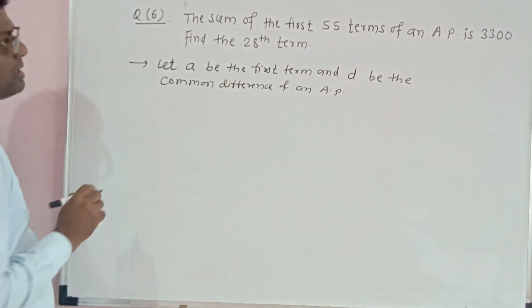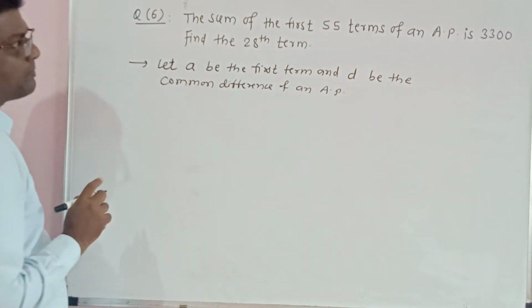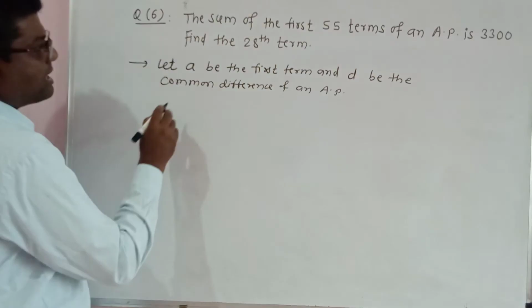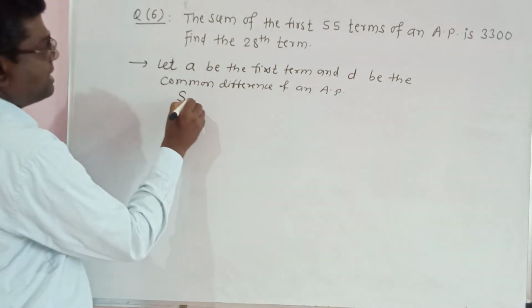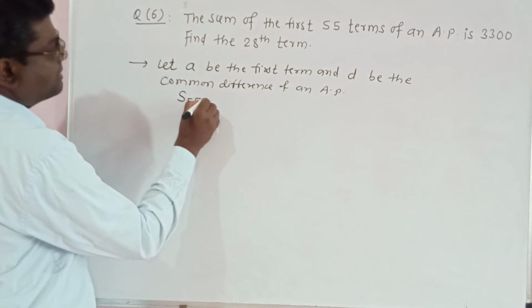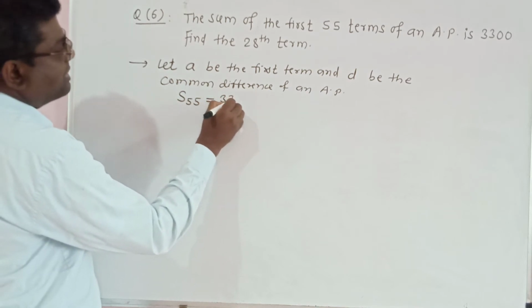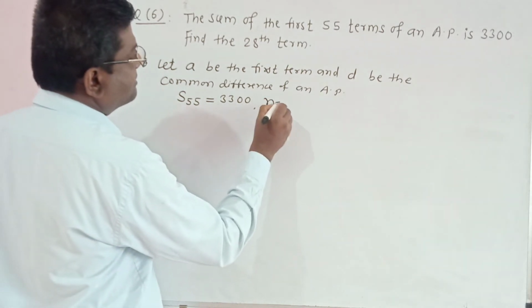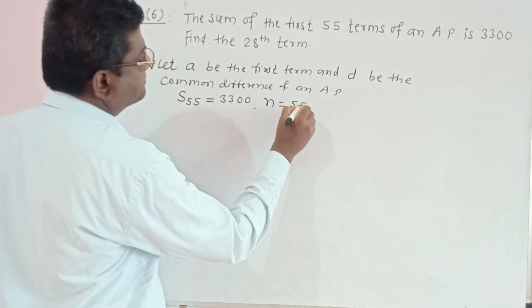Now we have given the sum of 55 terms of AP is 3300. That is, we have given S55 is equal to 3300, and here n is equal to 55.